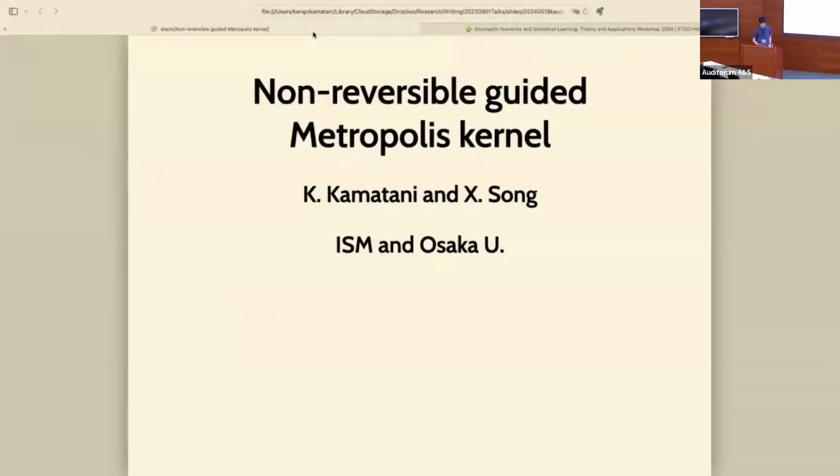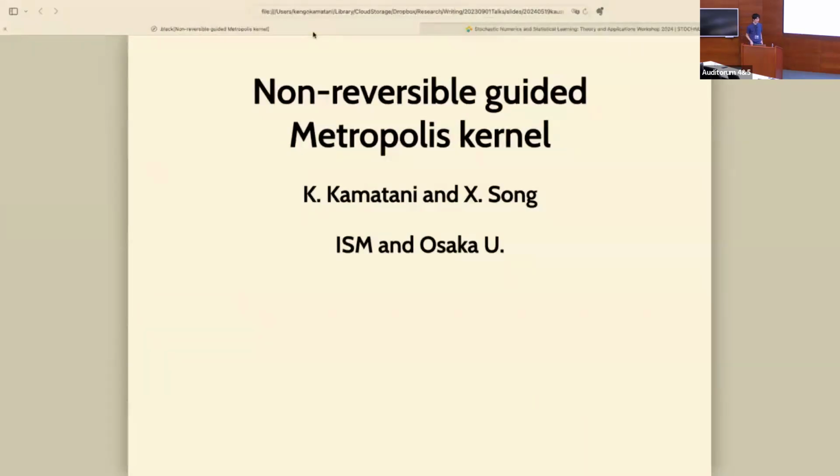This is joint work with Kengo Kamatani from the Institute of Statistical Mathematics, and with Shaolin Song, who was at Osaka University when this paper was published. Now he's at Takeda Pharma. Anyway, this talk is about Markov chain Monte Carlo methods. MCMC became very popular in Bayesian statistics in these 30 years and is heavily used.